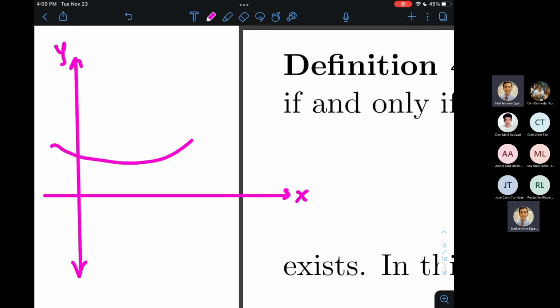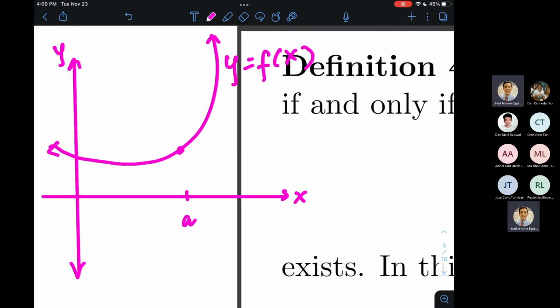Then if this is our function, y equals f of x. Okay, so the derivative at the number a is basically the slope of the tangent line passing through a, f of a. So titingnan natin itong yung slope ng tangent line na to. So ito yung tangent line na sinasabi natin.